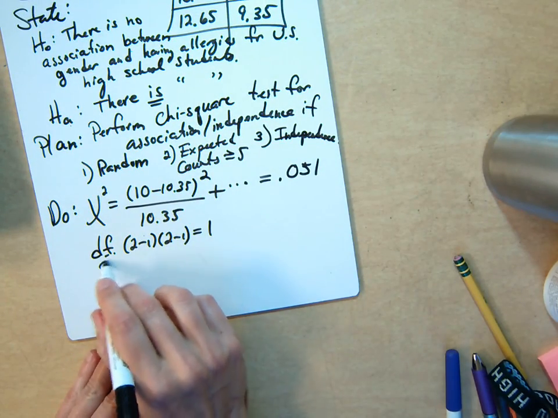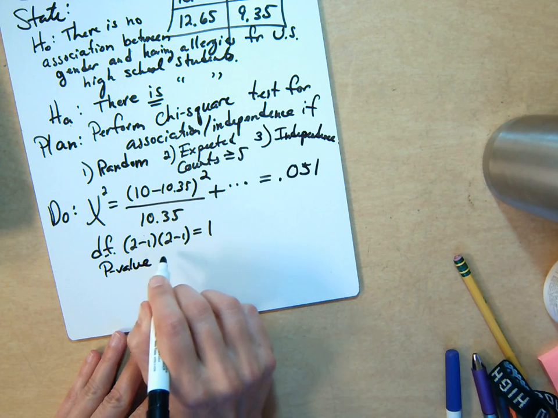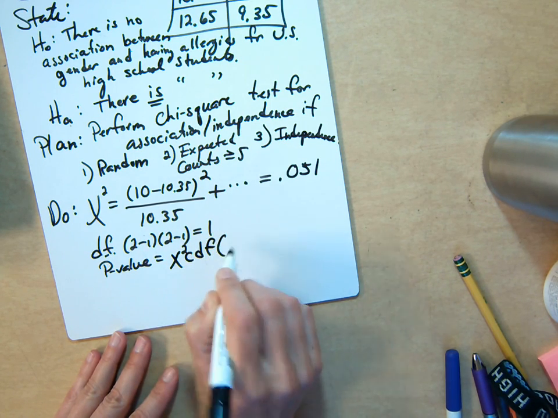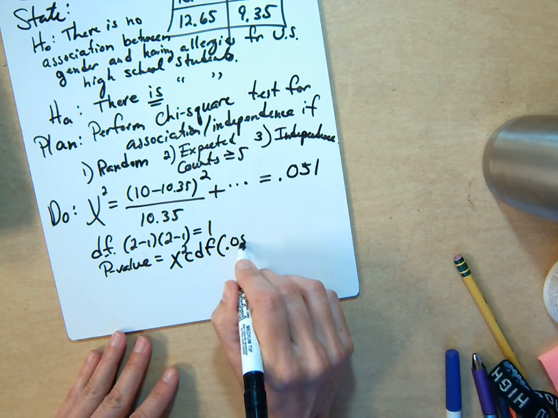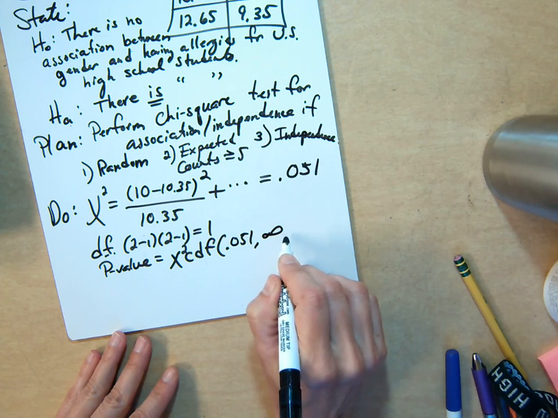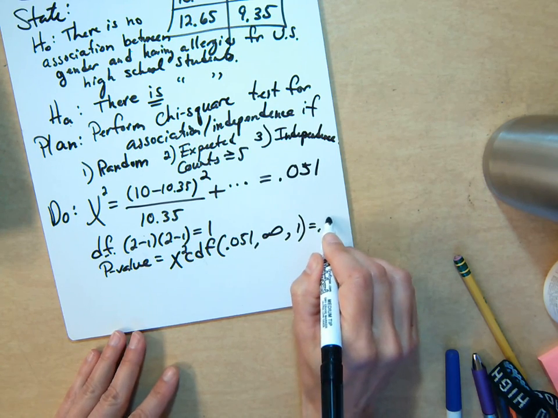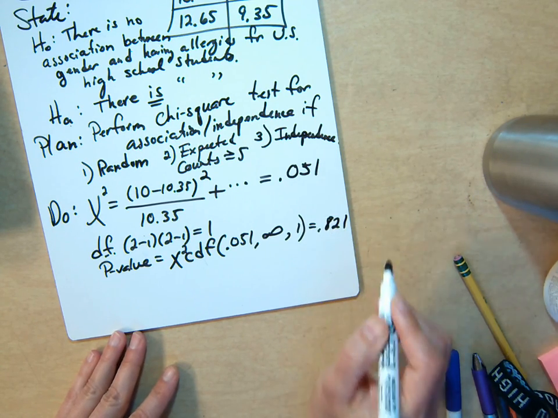So to find your p-value, you would do chi-squared CDF. You'd give it 0.051 to a large number. Degrees of freedom are 1. And you would get 0.821.